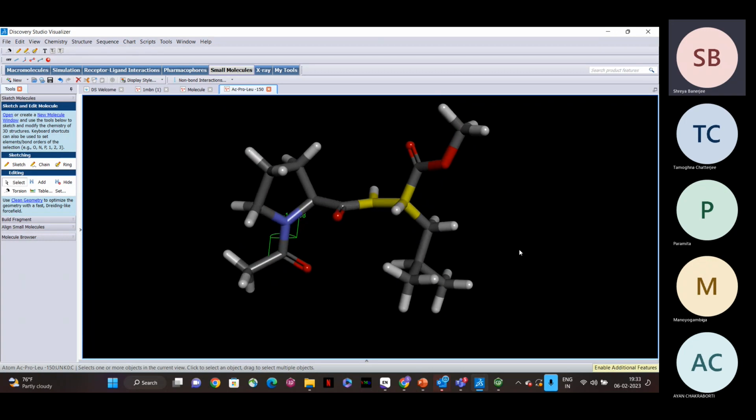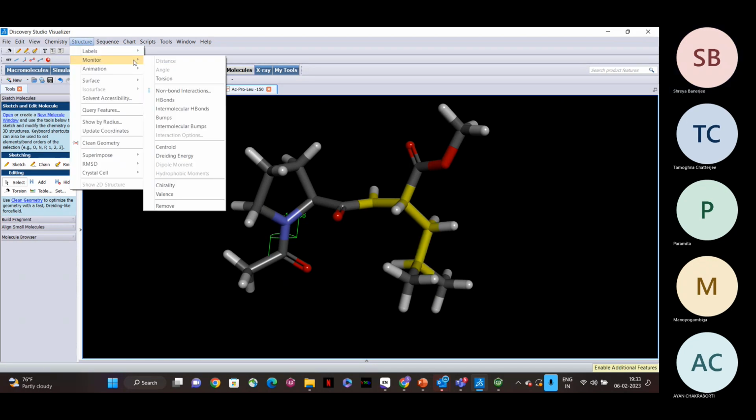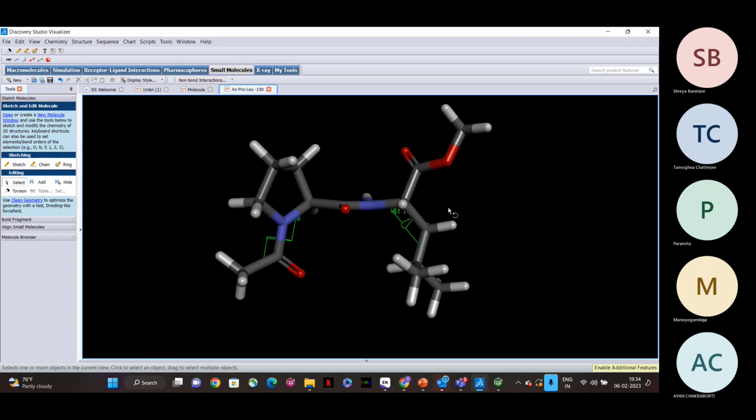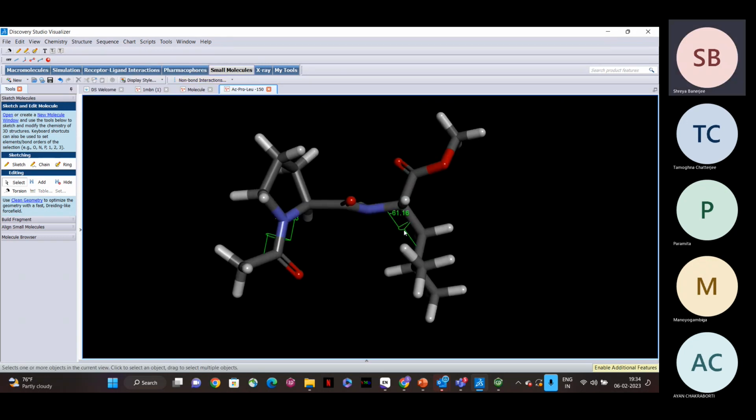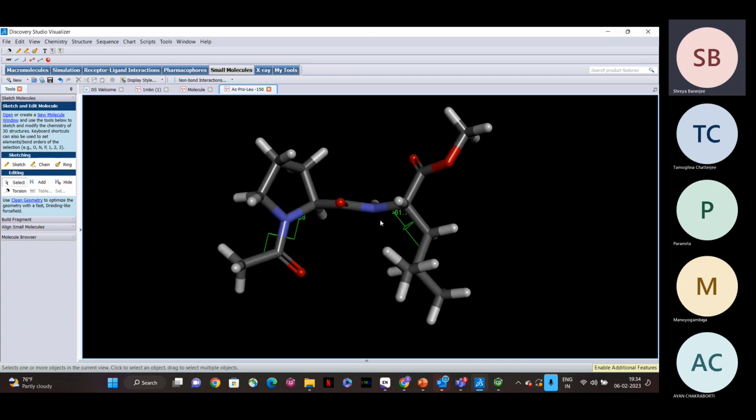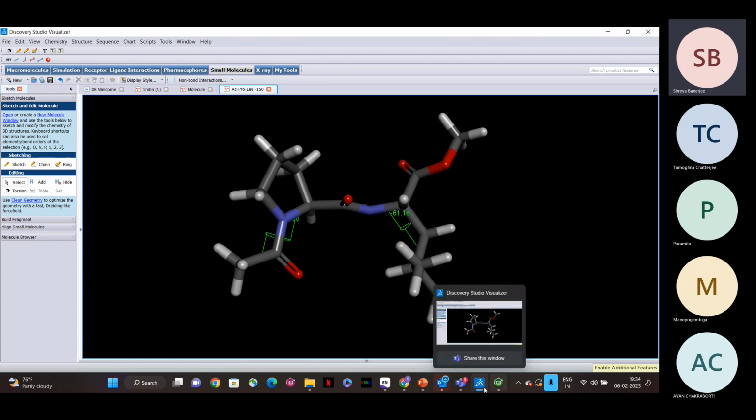So if you start from the amide nitrogen and go to the side chain, this is called your chi-1 angle. It's near minus 60. These are all dihedral angles because it is basically the angle between 4 atoms, so 3 bonds.